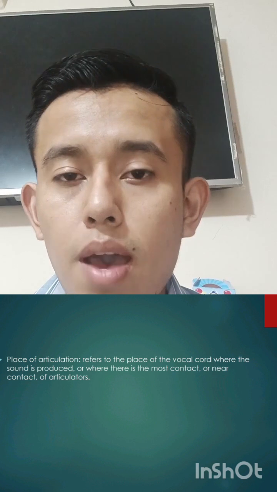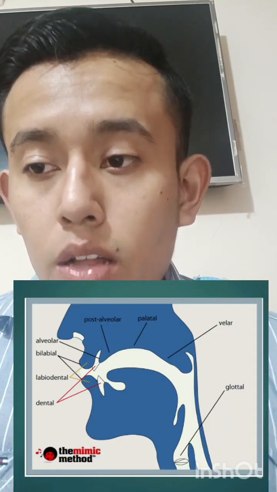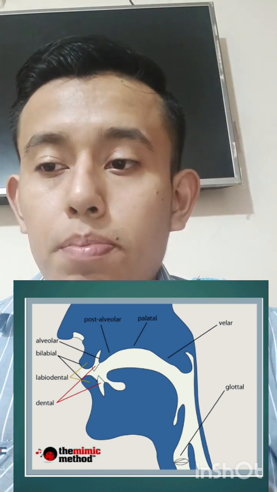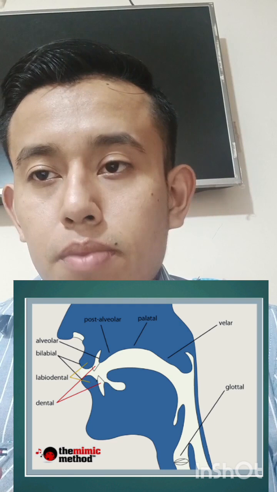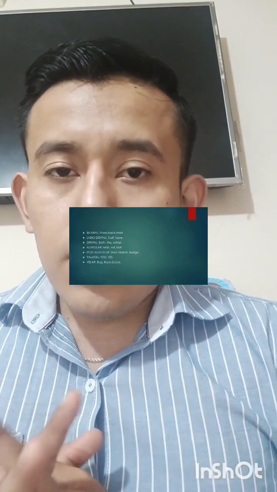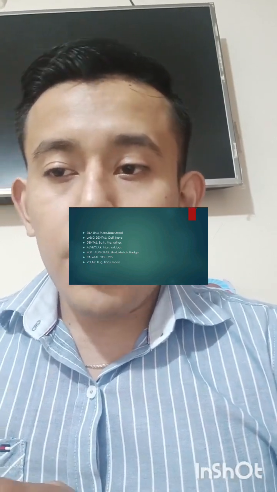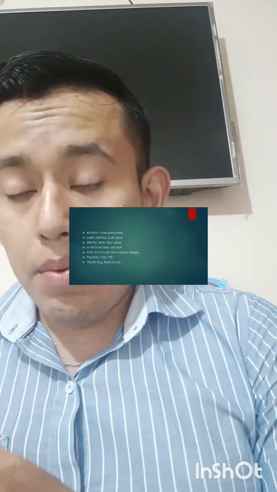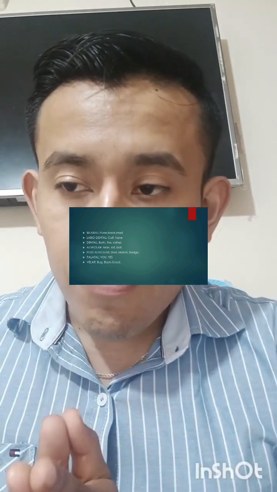Inside this topic, we have bilabial, labiodental, dental, alveolar, postalveolar, palatal, velar, and glottal. Inside each subtopic, I can give examples. For example, in bilabial we have words like purse, bag, and mat. In labiodental we have examples like calf and half.